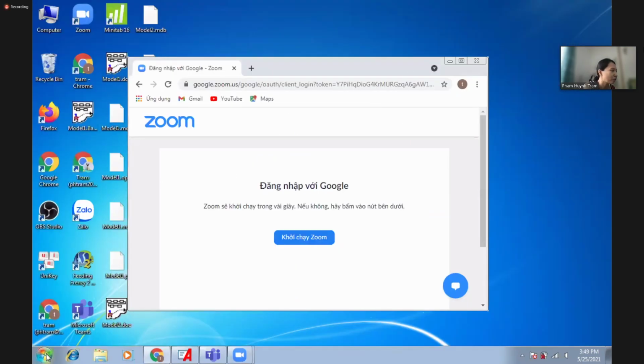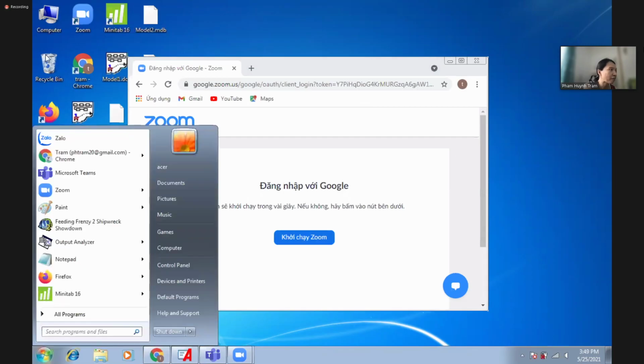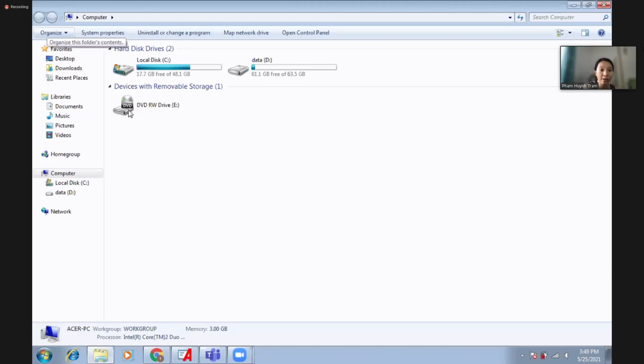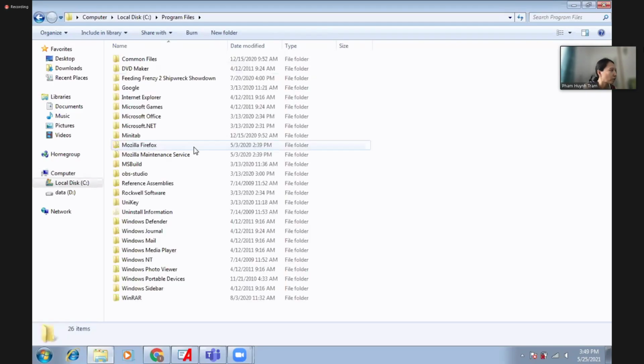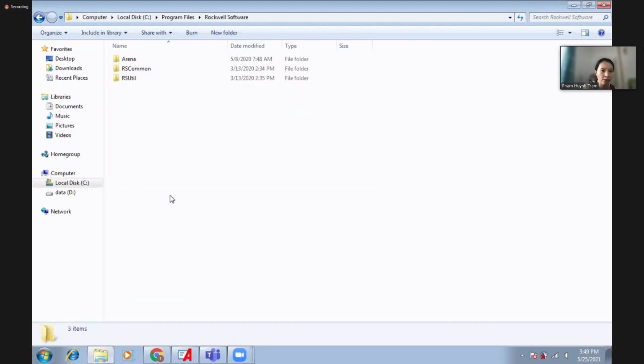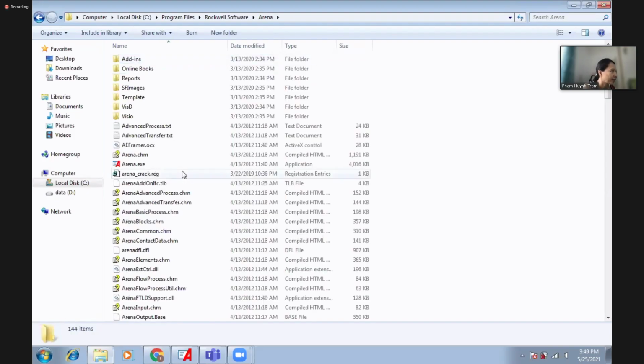Go to the program files, the place where you installed your Arena. Mine is in Program Files, in Rockwell Software, in Arena. And then we look for the output analyzer.